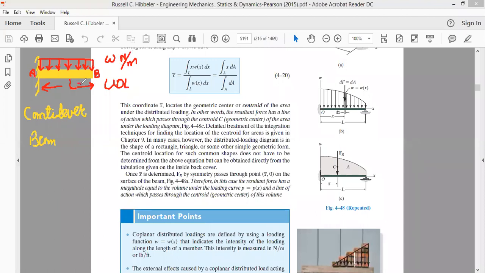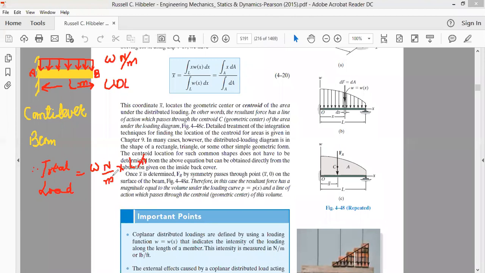Therefore, the total load acting on the beam is equal to the intensity of the load, W Newton per meter, multiplied by the total length, L in meters.